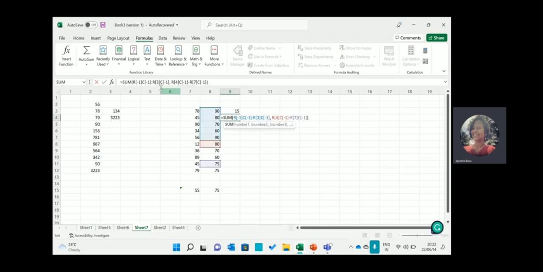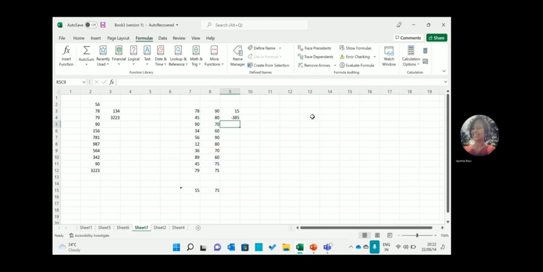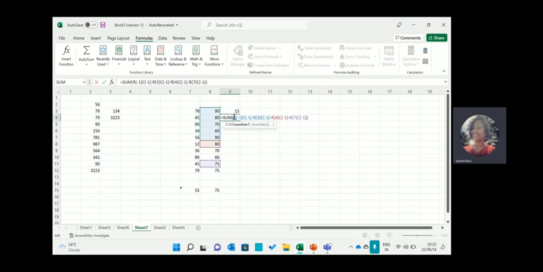If you see the formula that is being used, you will get a minus 385 here, right? So depending on what your use is, you can actually do sum and subtraction together.